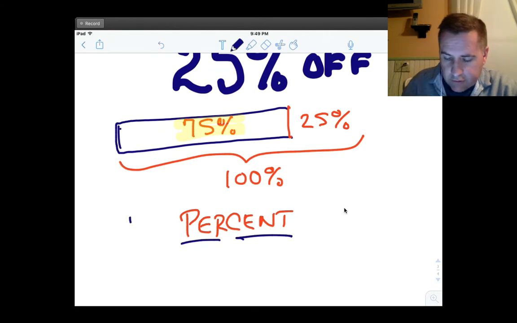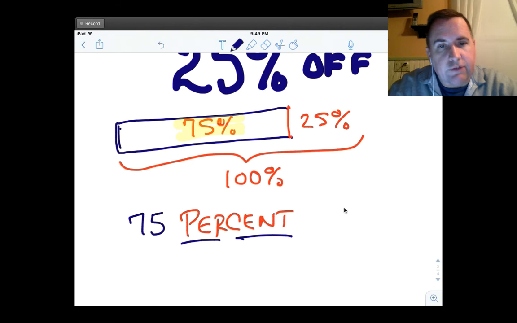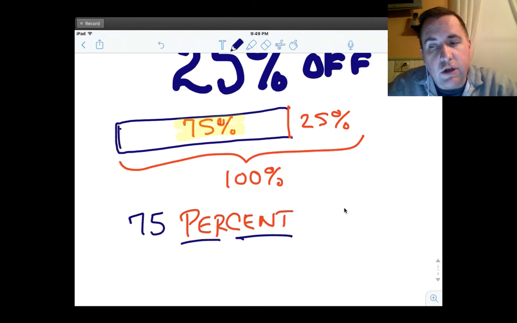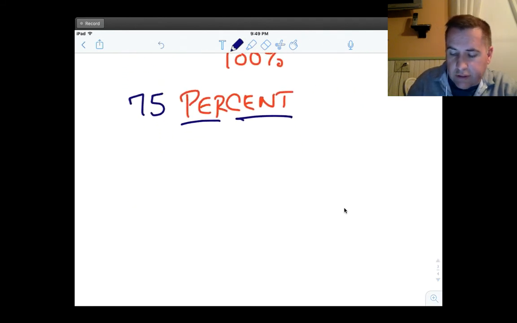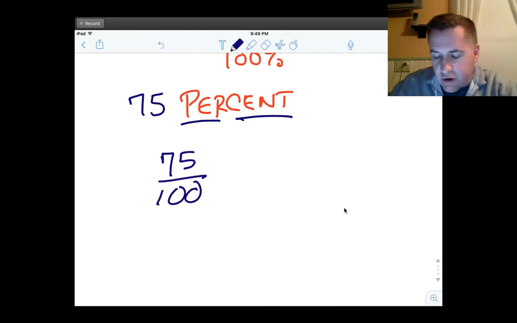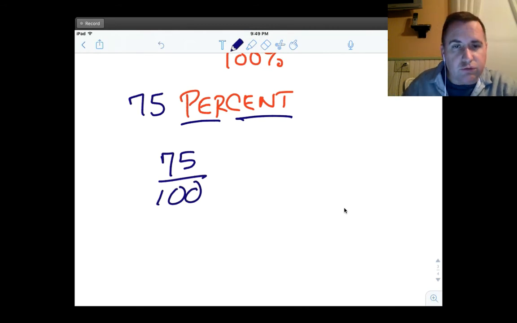So if you're paying 75%, you're paying 75 per every $100, in this case, since we're talking about percents of a price. So you are responsible for 75 out of $100 of that whole price.